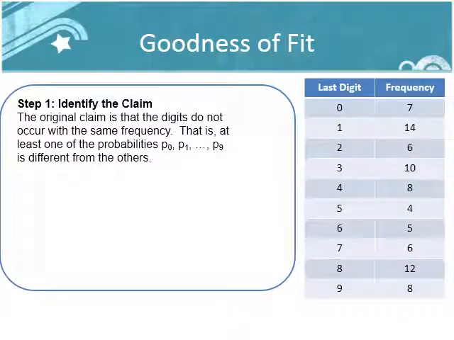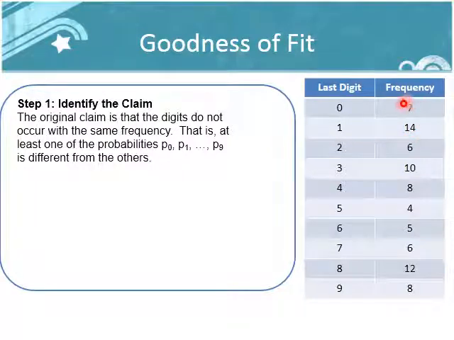So step 1, just as before in previous sections, we're going to identify the claim. The original claim is that the digits do not occur with the same frequency. So that is at least one of the probabilities, p sub 0, p sub 1 through p sub 9. These, of course, are our p sub 0, our proportion of zeros, and this would represent our proportion of ones.